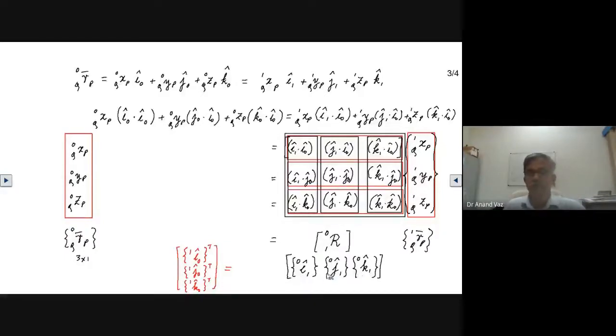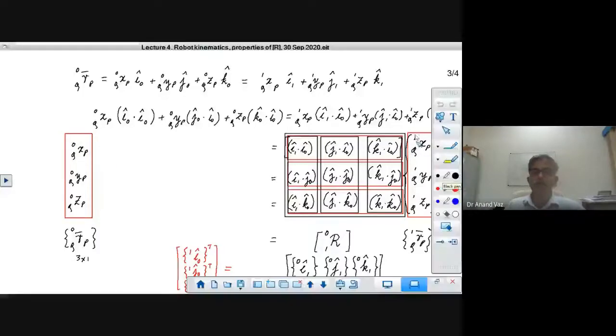I hope this point is clear to you. The columns have magnitude 1 and they are mutually perpendicular to each other. So that's the reason why it's called an orthonormal matrix, normalized to a magnitude of 1.